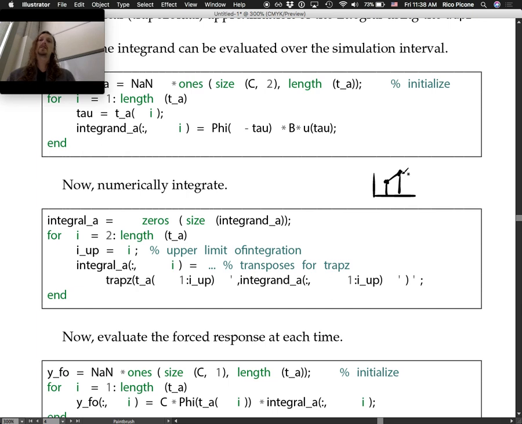It starts at 2, and what it does is it evaluates the trapezoid. The time array goes from 1 to the upper limit of integration index. The integrand goes from 1 to the upper limit of integration index. So like the first step, we're just finding the area of 1 trapezoid. The second step, we're finding the area of 2 trapezoids, 3 trapezoids, etc. So each time we go through this, we get more.